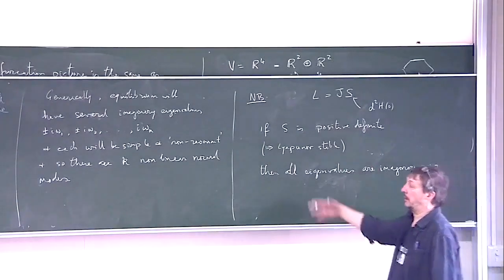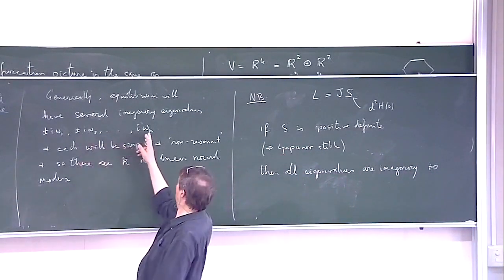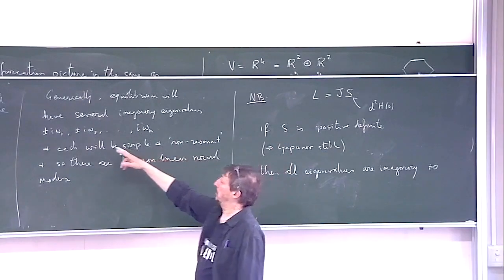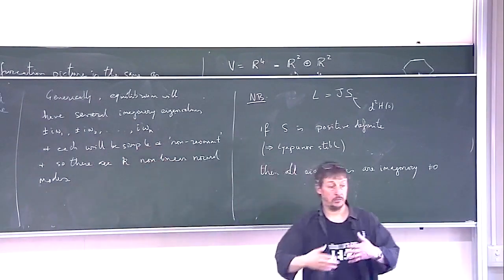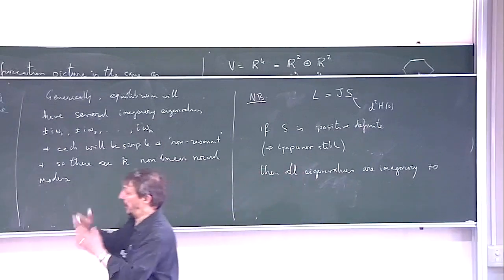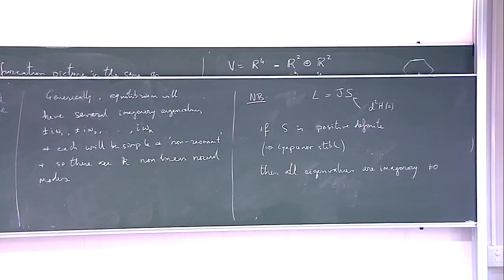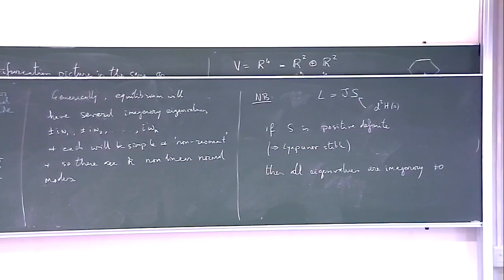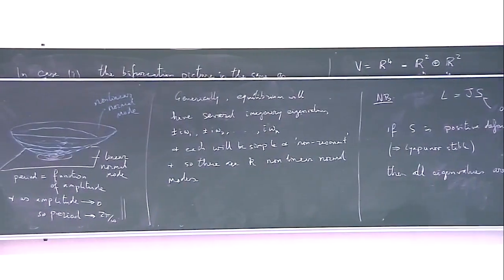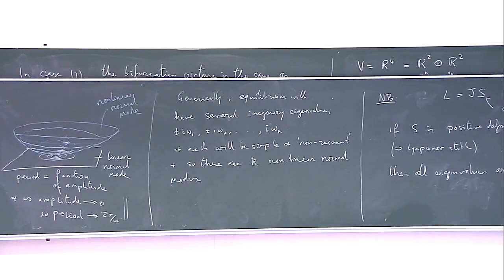So generically, if we're in R2n, we would have n different eigenvalues, and so you'd have n different families of periodic orbits that look like this. So it's a good theorem. Then you can go further and talk about approximate integrable systems and KAM theory and invariant tori, but I'm not going to go in that direction today.